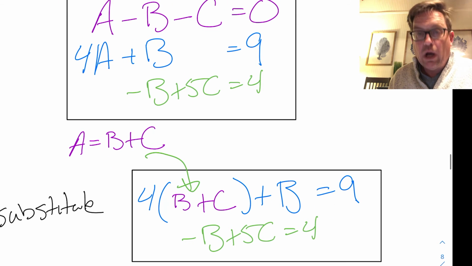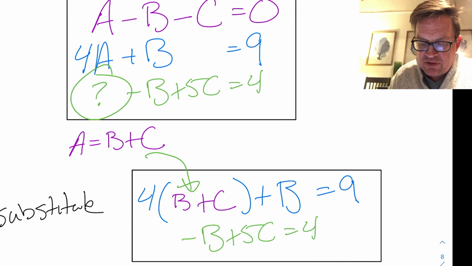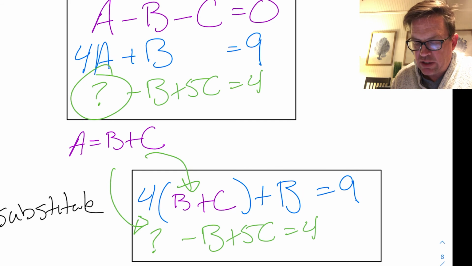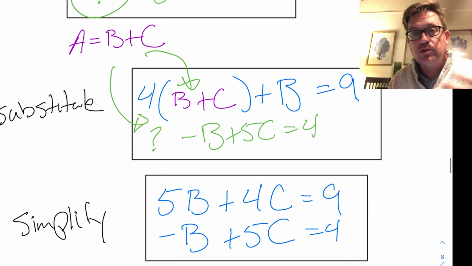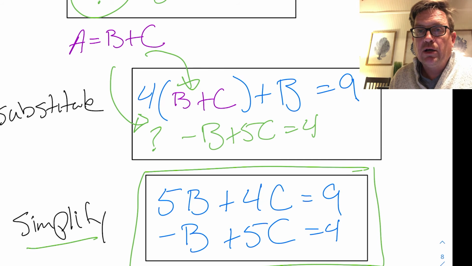Again, we got lucky, this third equation has no A in it, so we don't have to substitute into it, but if there was an A term here, we'd substitute into that as well, and at that point, you'd only have B's and C's in your equations. You'd have 2 equations with B's and C's in them, so you have to simplify them a little bit, but you're able to regroup them into a system of 2 equations with 2 variables.